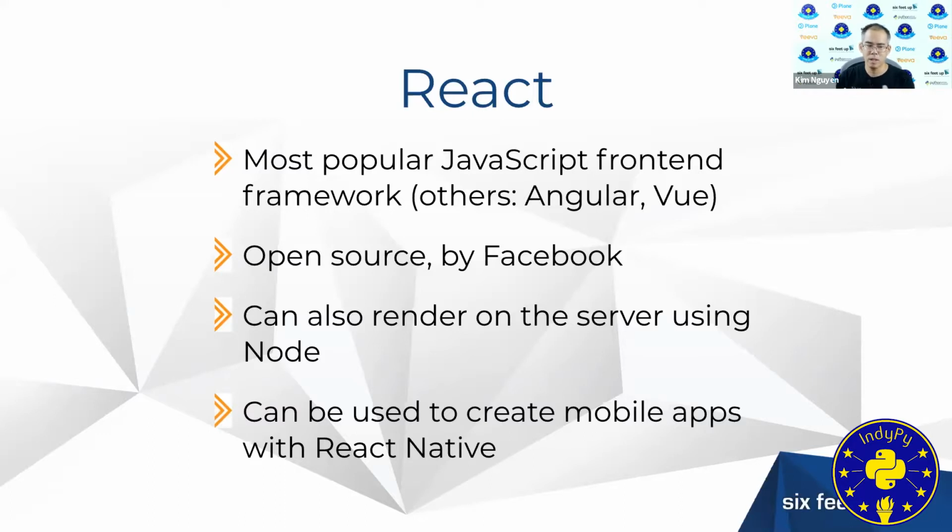It's structured in components, and you can render a website built with React on the server as well as in your browser, whether that's on your phone or your tablet or your desktop computer. And there's a version of React called React Native that you can use to build fully functioning mobile apps with it. So especially since it's backed by Facebook and there's a lot of activity, a lot of support for it, it's a very popular front-end framework.